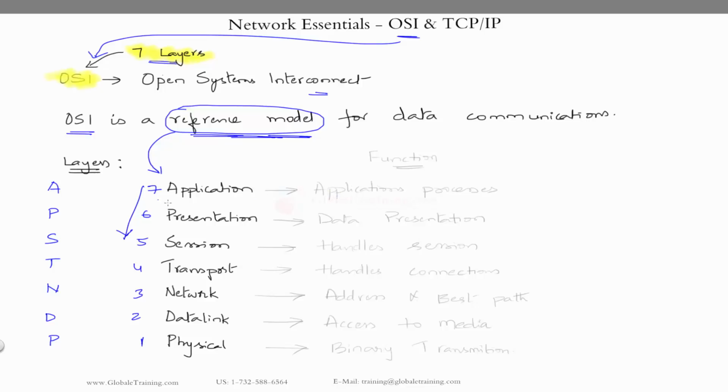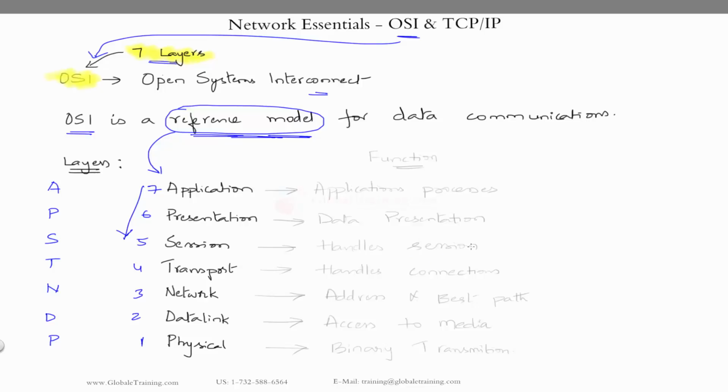So what it means is, logically, when system A is trying to communicate with system B, then number one, something in system A is trying to communicate with something in system B. That something is nothing but an application. Now when this communication happens, how is the data presented, and how is the session handled?